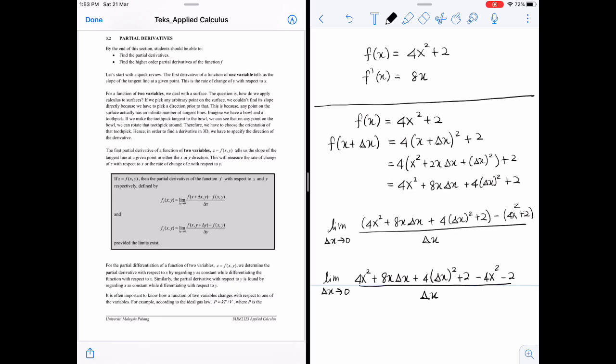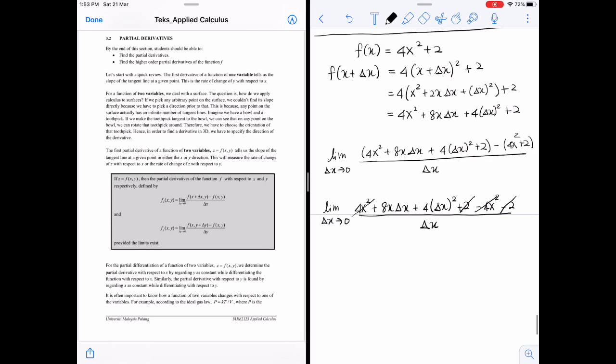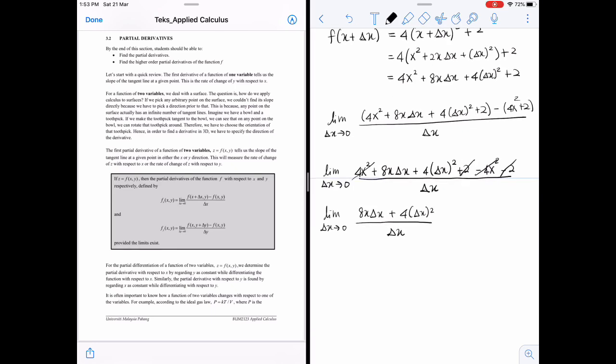Now, 4x squared minus 4x squared is 0, and 2 minus 2 is also 0. So we are only left with the limit as delta x approaches 0 of 8x delta x plus 4 times delta x squared over delta x. Now we factorize delta x, so we are left with 8x plus 4 delta x over delta x, so this one can be cancelled out.